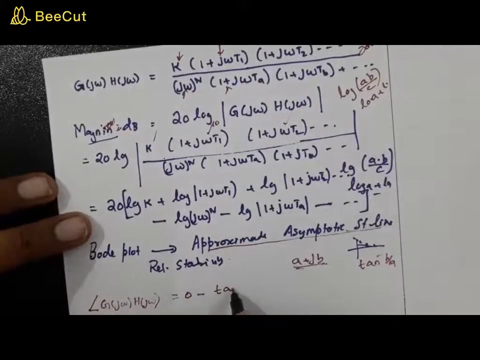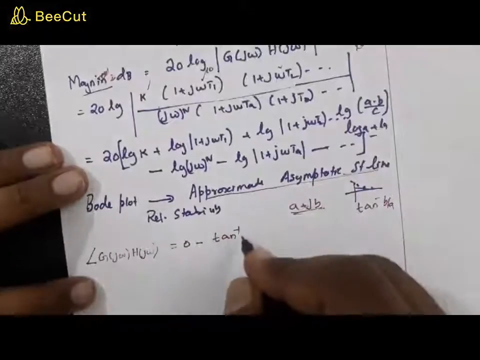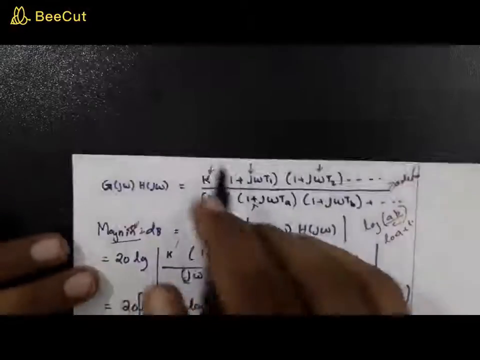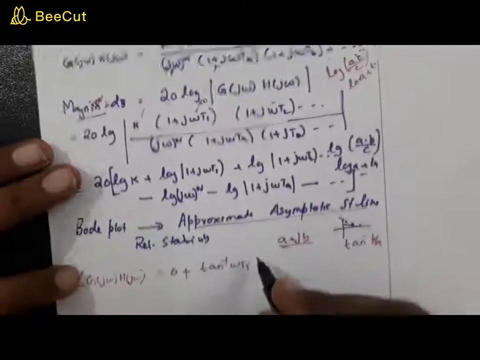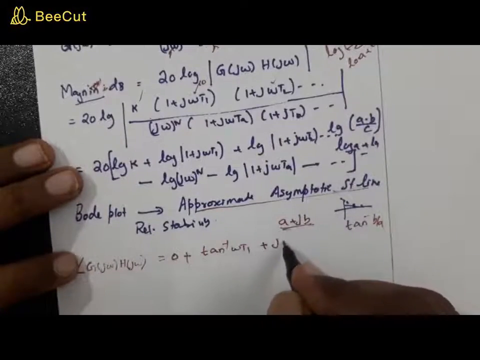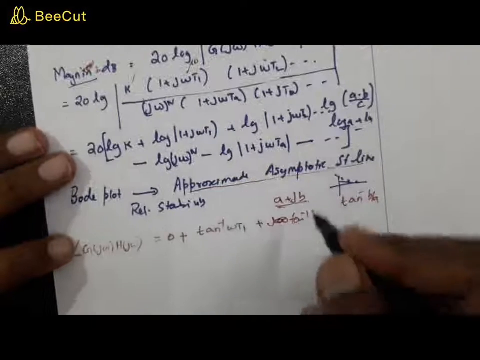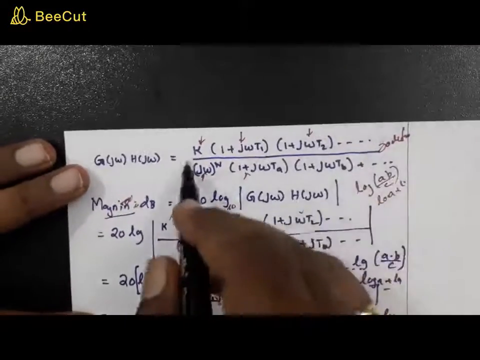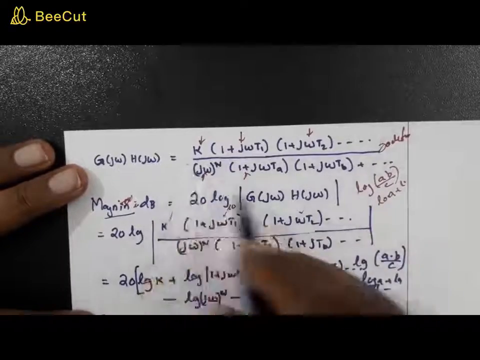Minus tan inverse ωT1, okay, so this is the numerator polynomial: tan inverse ωT1 plus tan inverse ωT2, etc. Minus, you need to subtract the phase of the denominator.